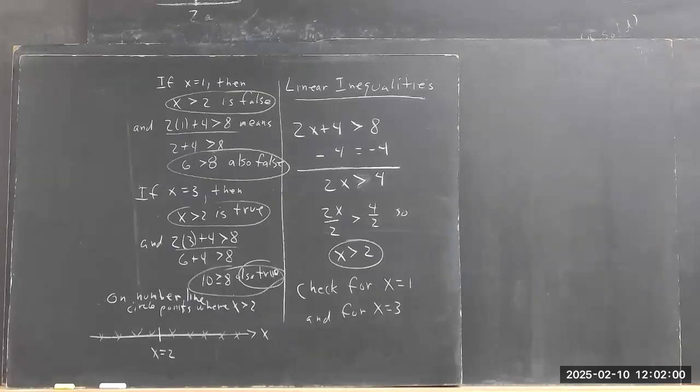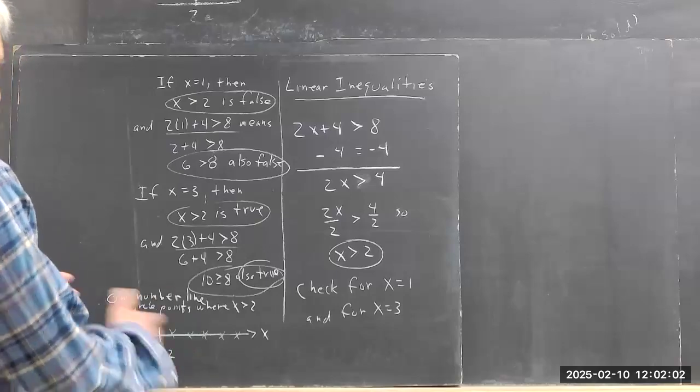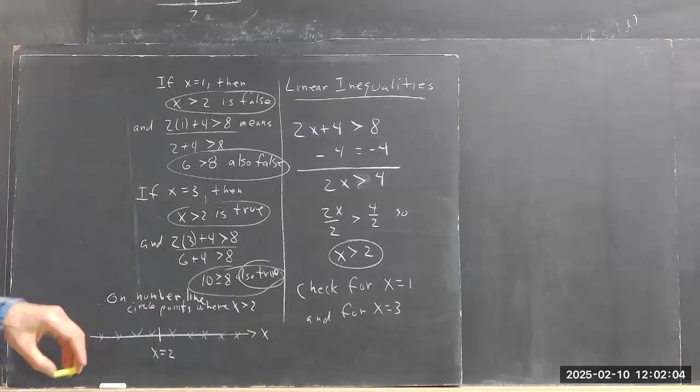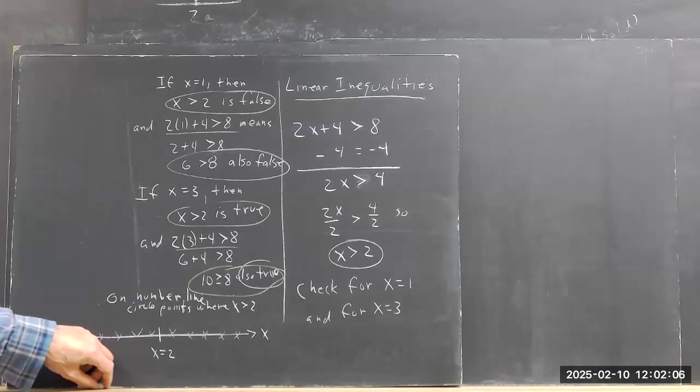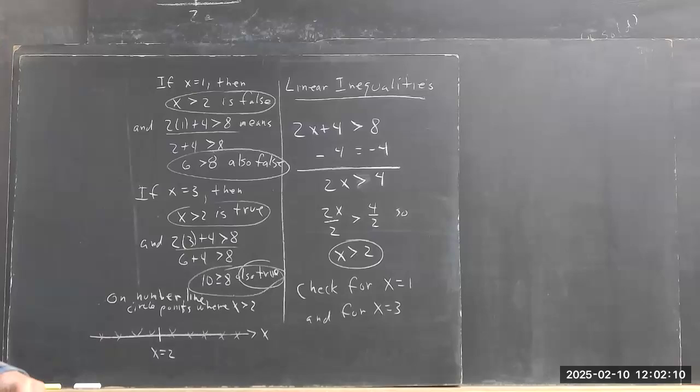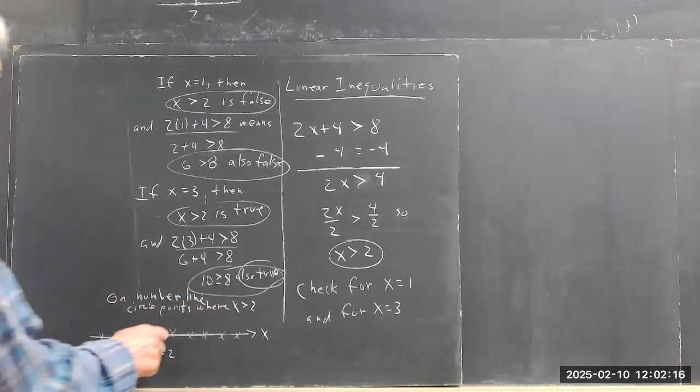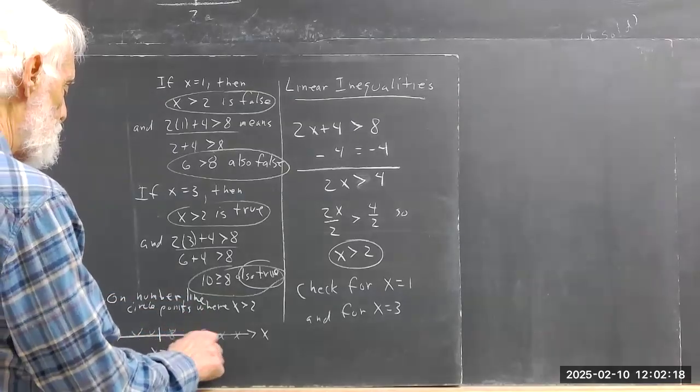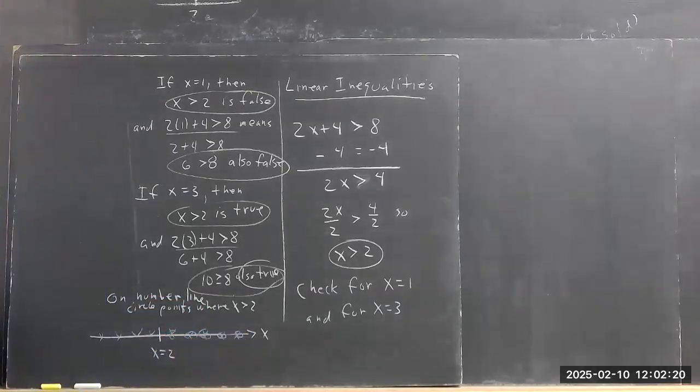Okay, we wanted to make sure that everybody understood a number line. Often people sign up for this course and don't, and we want to make sure we accommodate that. Okay, it's not hard to understand, but everybody's got it. A circle of points where x is greater than 2, well, that would be these points, right?